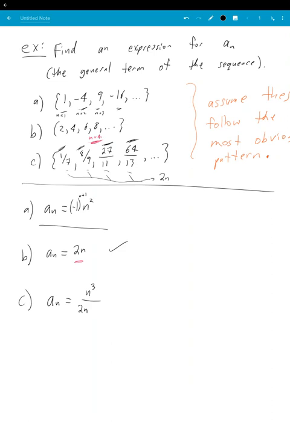But I can adjust this to match, say, the first term here, n equals 1. So how can I fix this down here so that when I plug n equals 1, I get 7? Well, I'm going to have to throw a plus 5 here to fix it.